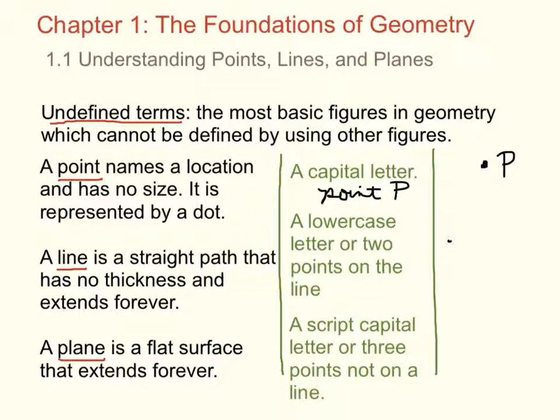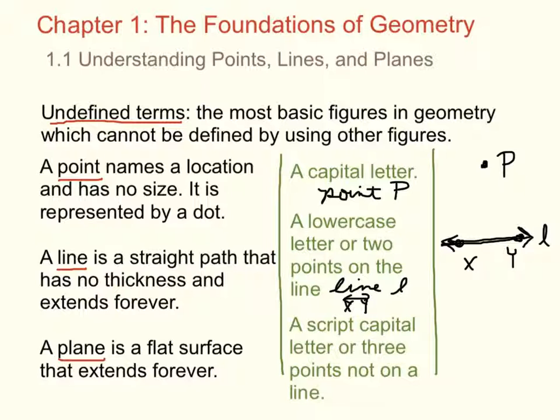If we have a line, so let's say we have X and Y. Let me redo that here. We have 2 points on this line, X and Y. And we also have a cursive or a lowercase l. We can name this line by saying line L, or we can call this line XY with a line symbol at the top.